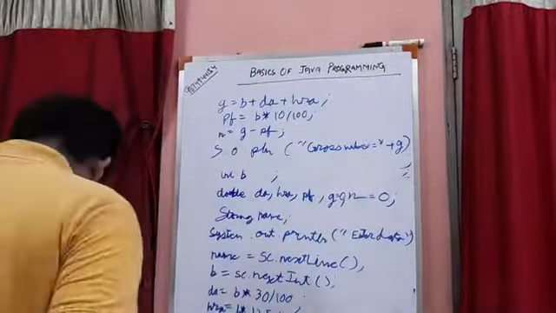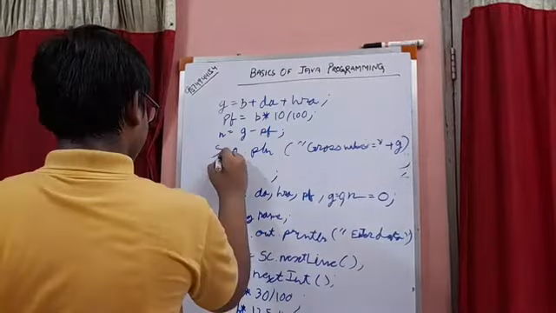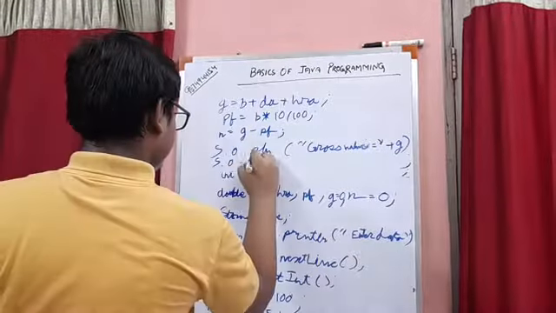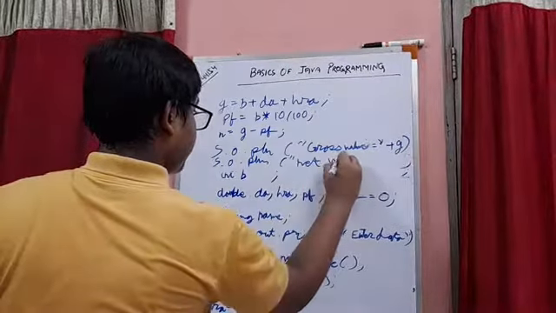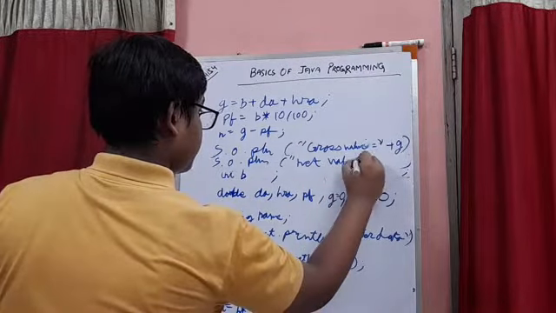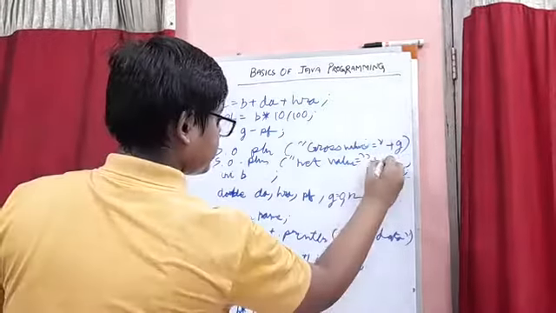Now similarly it will be copied, s dot o dot pln net value is equal to plus n.